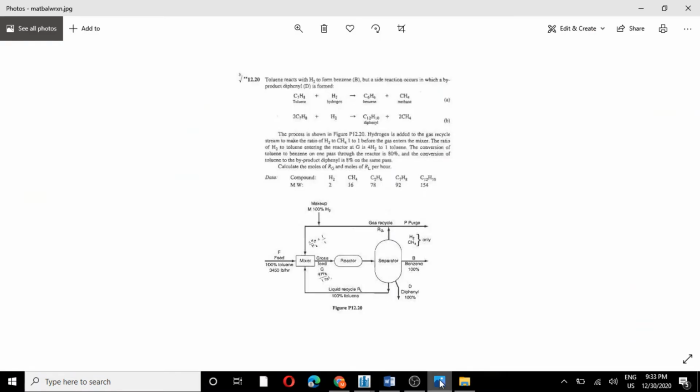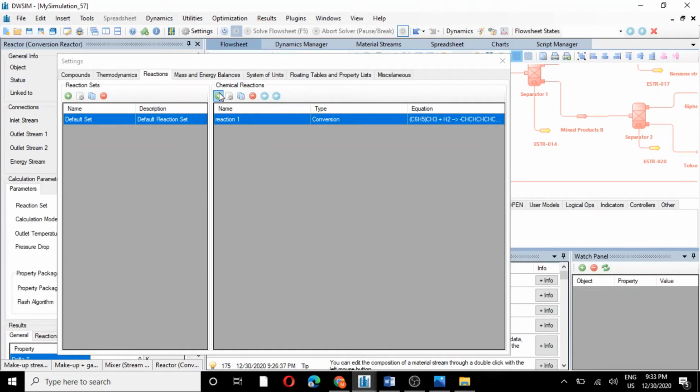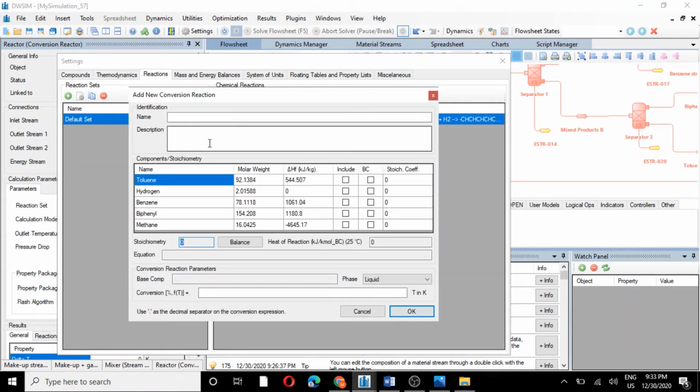Then for the second reaction, the side reaction, we have 2 toluene, 1 hydrogen, 1 biphenyl, and 2 methane. To do that, click add again, and conversion, name this reaction 2.